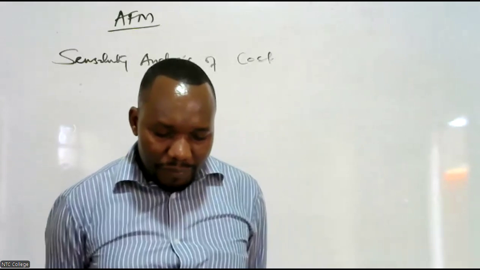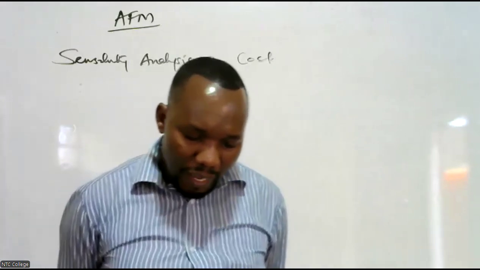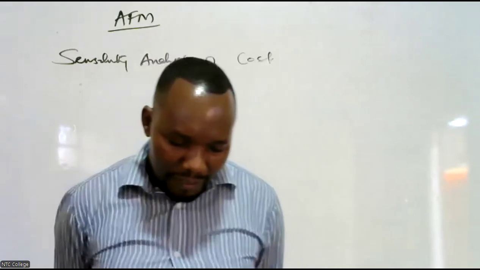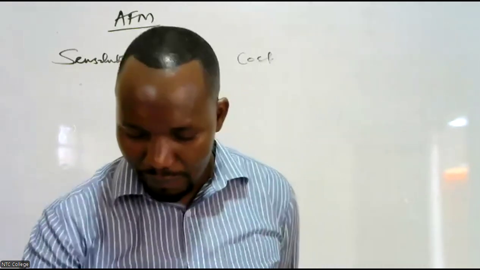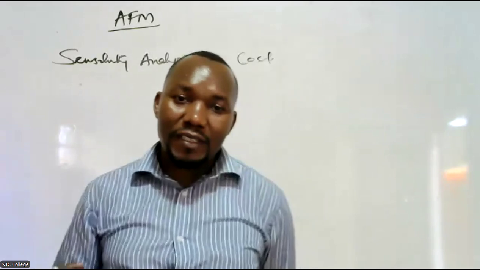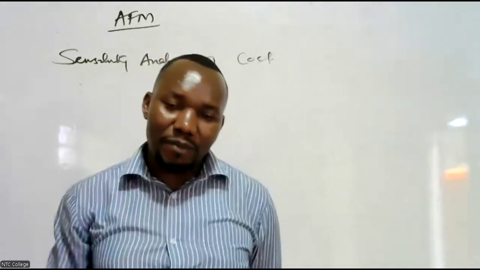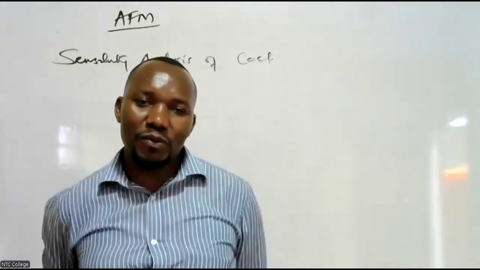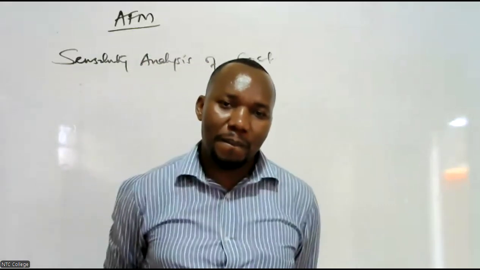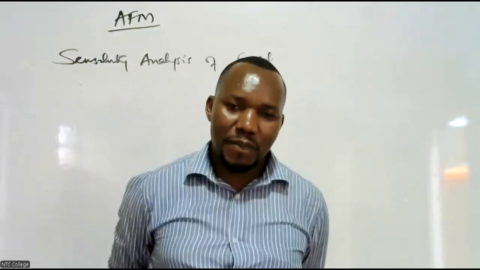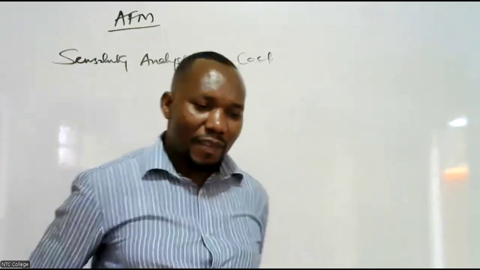So carry out sensitivity analysis if revenue and cost are varied adversely by 10%. So if revenue varies adversely by 10%, is it increasing by 10% or going down by 10%? It is going down.